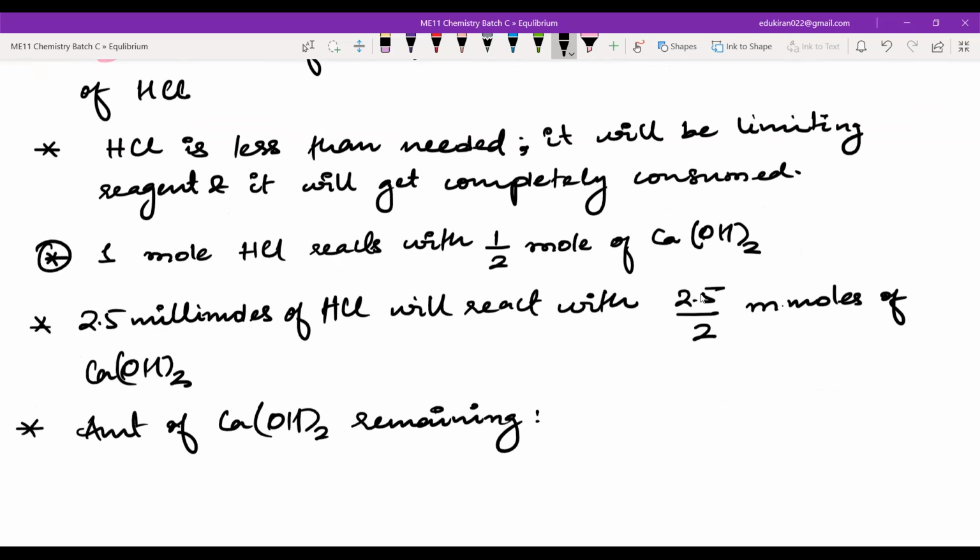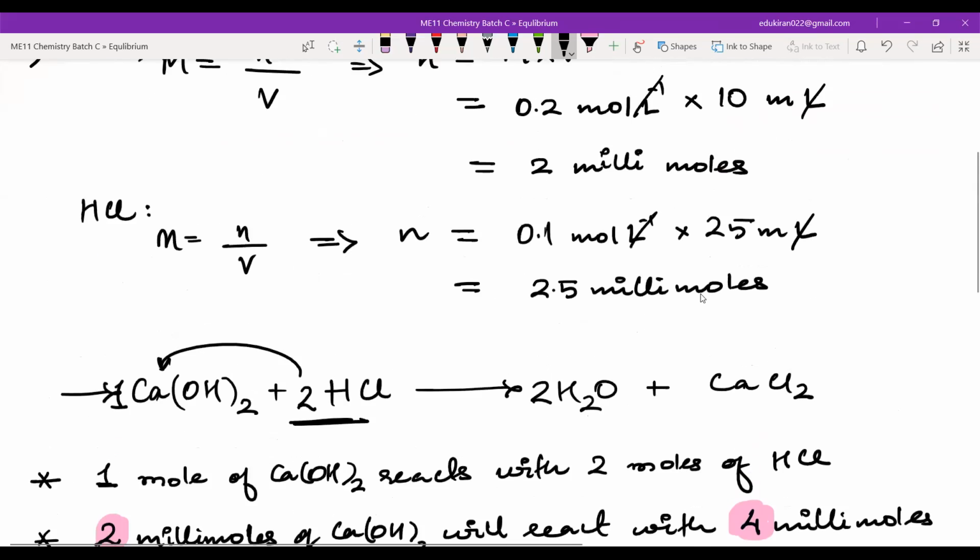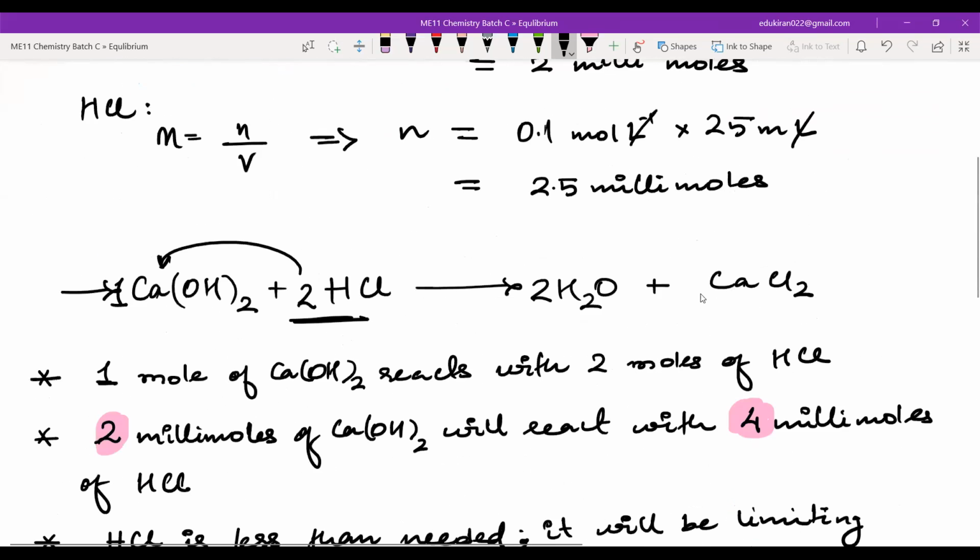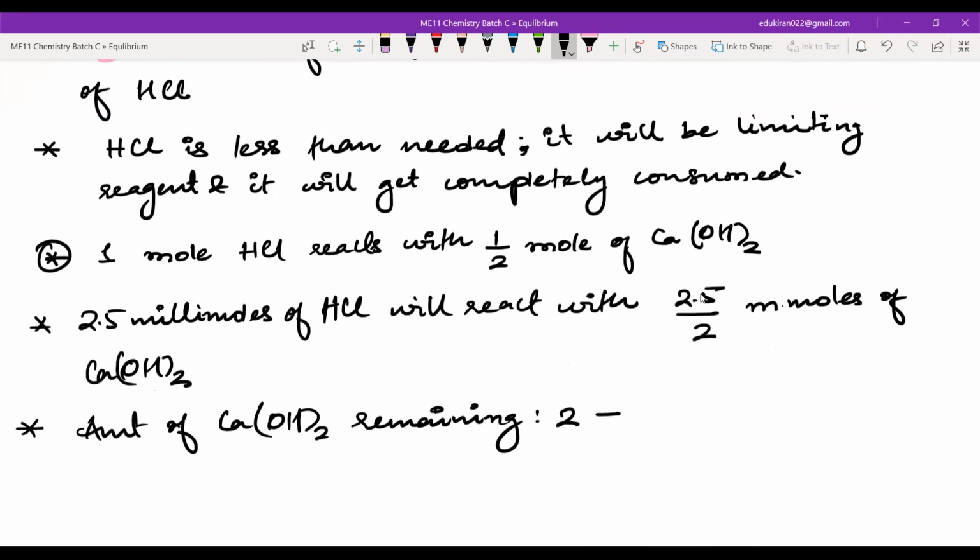Initially, how many millimoles of Ca(OH)2 was present? We had 2 millimoles, right? How much is reacted? This much amount is reacted, 2.5 by 2. And this is the number of millimoles of Ca(OH)2 that will be present in the solution after the reaction.